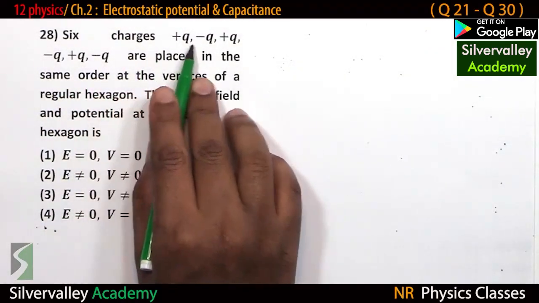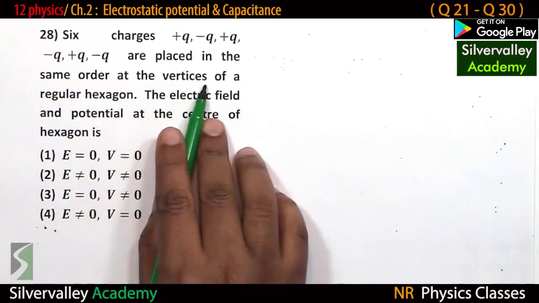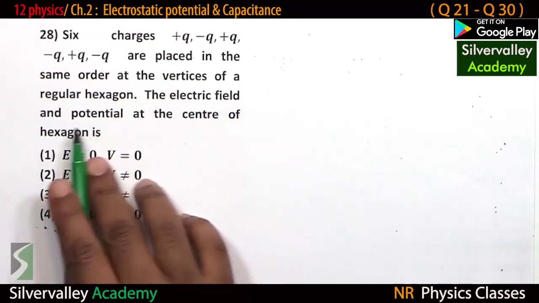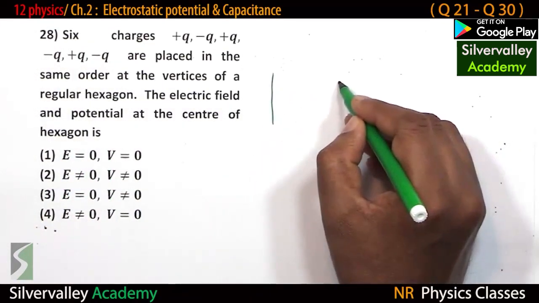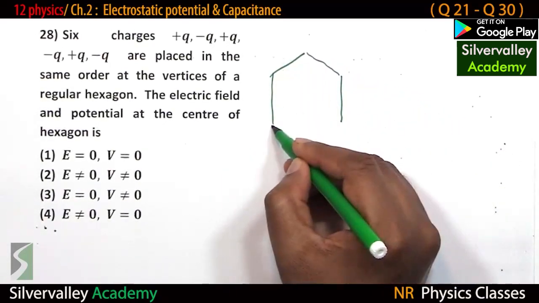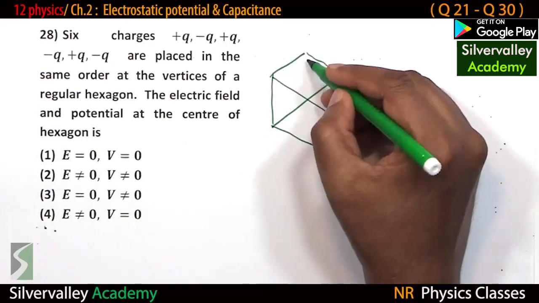6 charges are placed in the same order at the vertices of a regular hexagon. Find the electric field and potential at the center of the hexagon. So this is the hexagon, center of the hexagon.